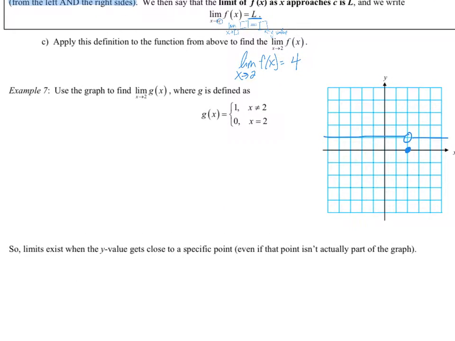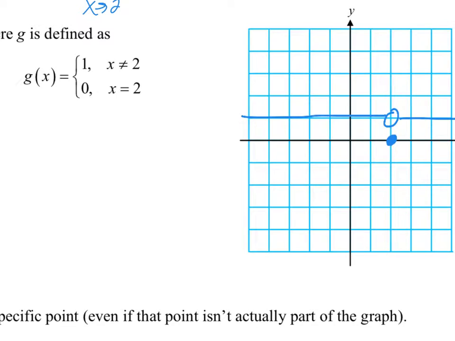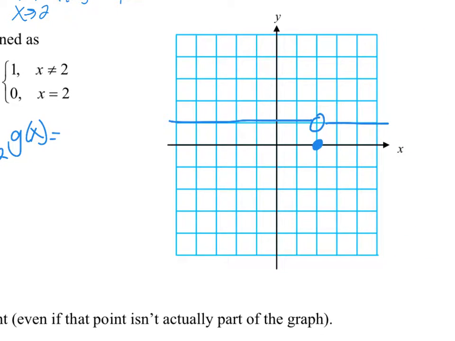So use this graph to find the limit as x approaches 2 of g of x. As I come towards 2 on the left and right side along the x-axis, I trace my function towards the value.